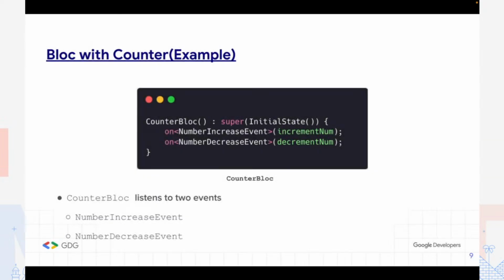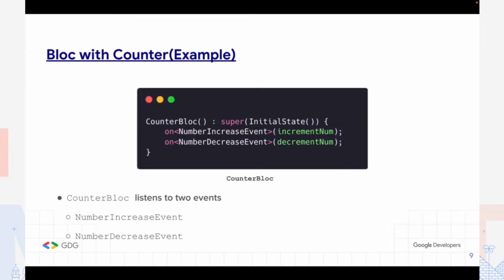Now, because we have two events, our counter will be listening to two events: number increase event and number decrease event, as we discussed in the counter events class. When a number increase event is triggered, increment num function will be called, and when number decrease event is triggered, a decrement num function will be called.